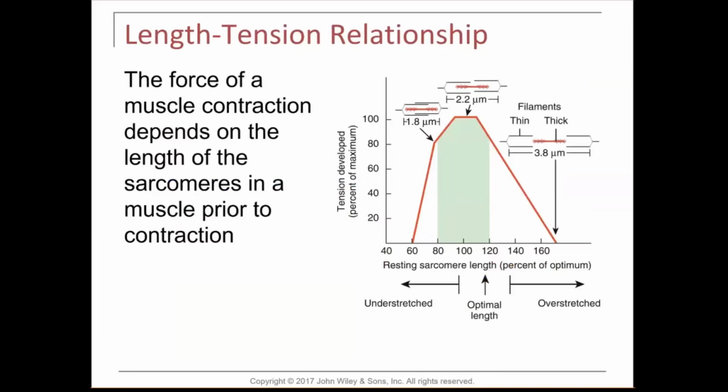If you're starting off with your arm fully cocked back, as opposed to just right in front of your opponent's point of contact, or face, wherever you want to make contact, if it's fully cocked back, that's where you're going to generate a lot more force. So the idea here is that there's an optimal length for your sarcomere to generate force. If it's overstretched, it's not going to be able to generate as much force, or if it's understretched, it's not going to be able to generate enough force. So there's an optimal length here. It's called the length tension relationship.